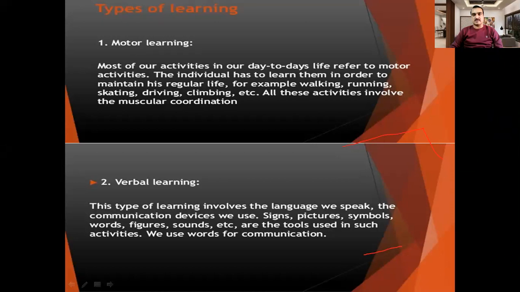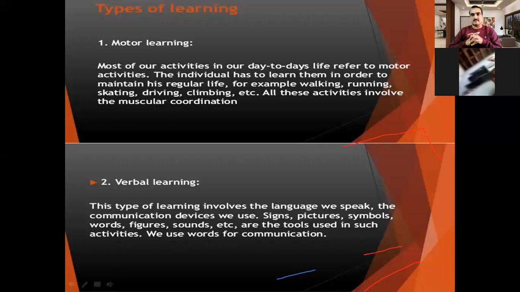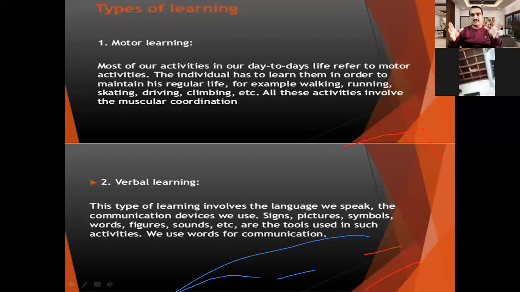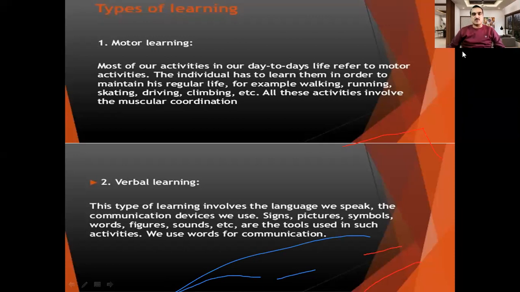Most of our activities, such as physical exercises and physical activities, are examples. I am right now sitting in front of you, taking an online class. Some of you are listening to me sitting, some walking, some sleeping, some doing other activities. All those activities which you do with the help of your physiological structure are known as motor activities, or that form of learning is known in psychology as motor learning.